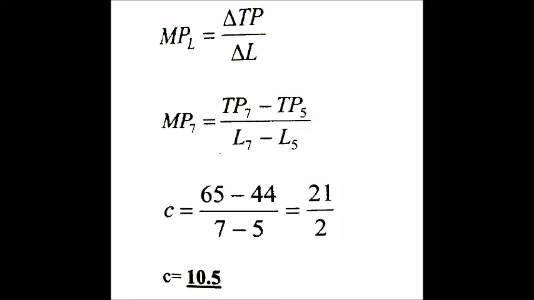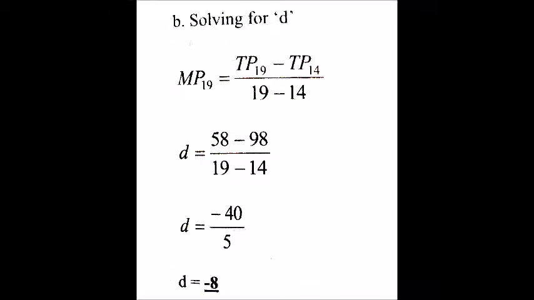Then the last one, let's solve for D. Solving for D. MP19 equals TP19 minus TP14. TP19 is 58, TP14 is 98.